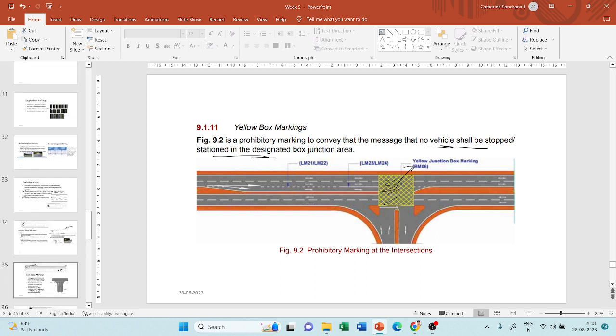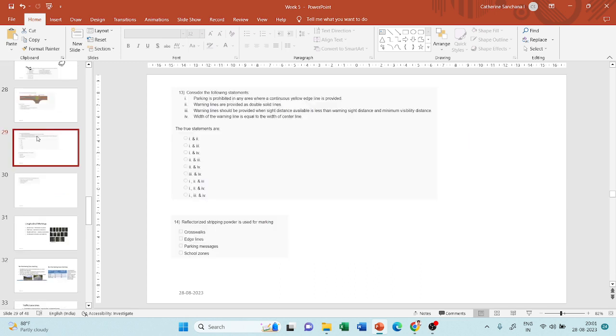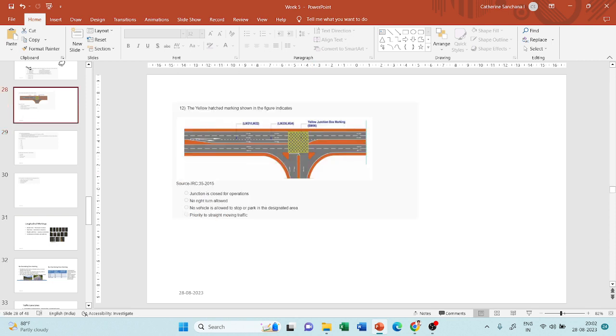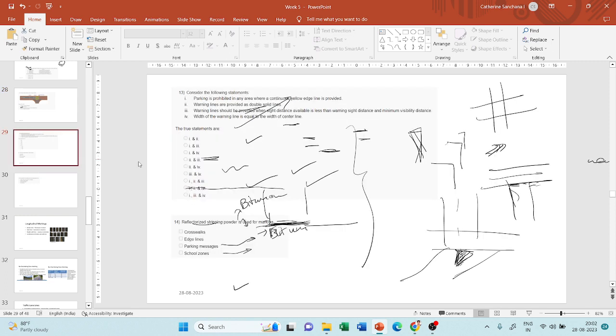So the answer will be: no vehicle is allowed to stop or park in this designated area. Junction is closed for operations, no. No right turn allowed, no. Priority to straight moving traffic, no. We saw it just now.